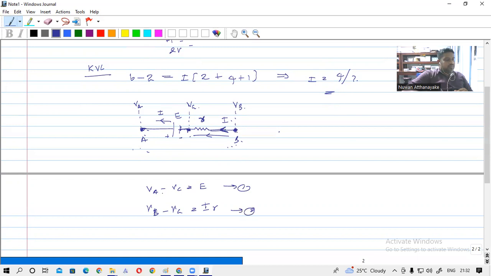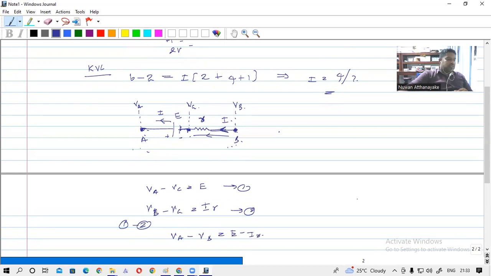We have to subtract 2 from 1. Then this VC cancels out, and we will have VA minus VB equal to E minus IR.